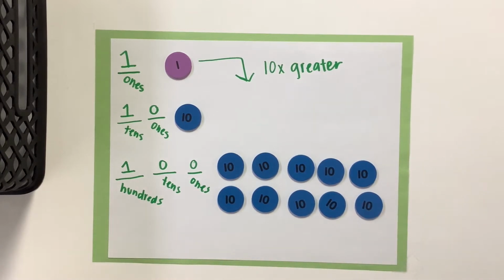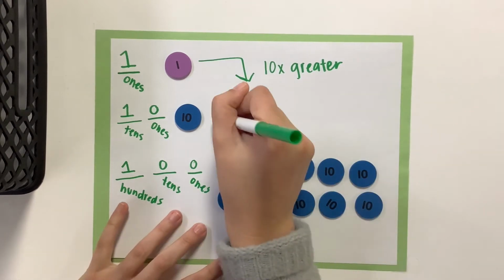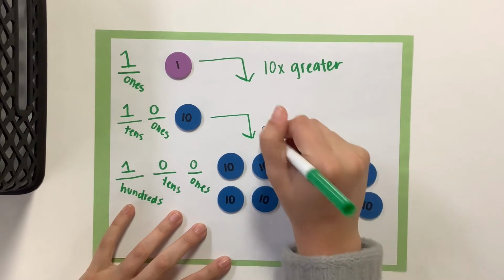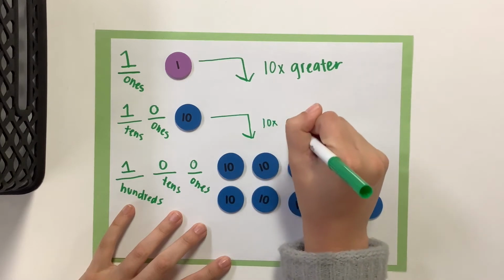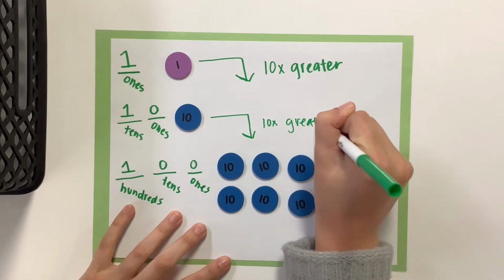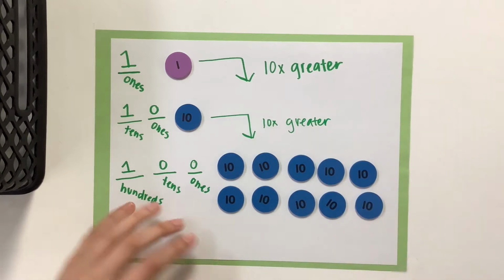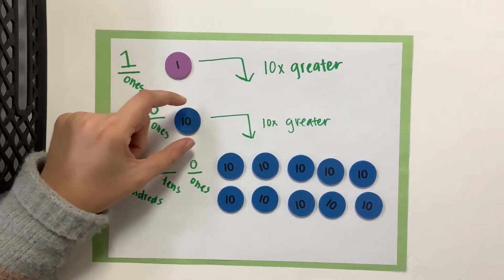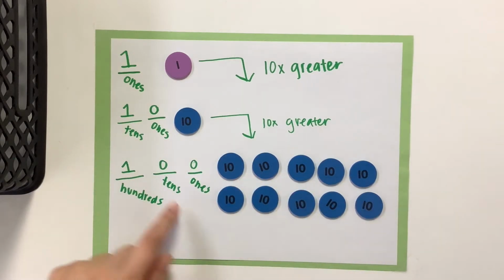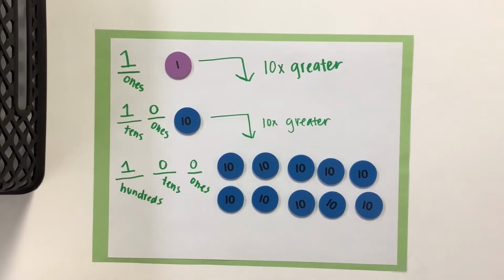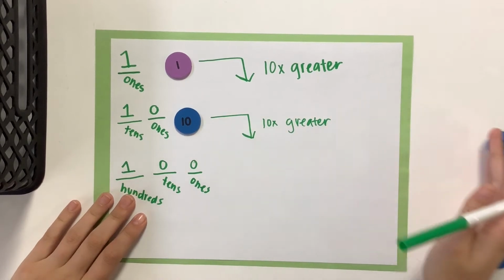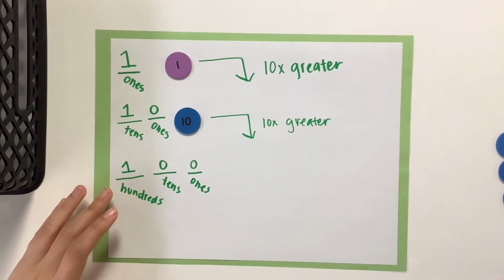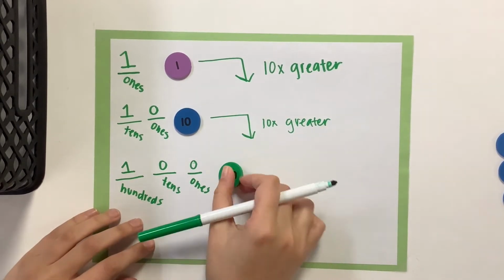Okay, so now this number, you might say, it just got 10 times greater. I had 10. Now I have this 10 10 times, and that made 100. Okay, what if I replace this with a 100 counter?